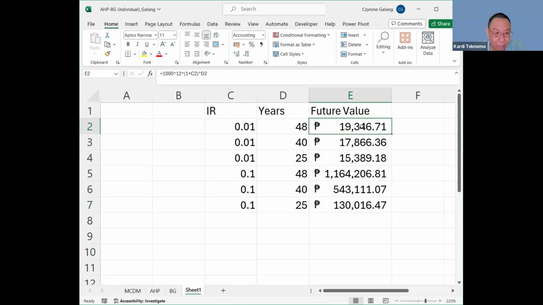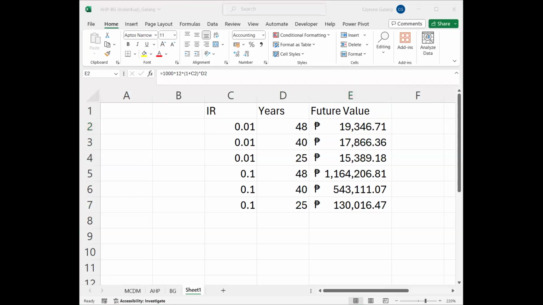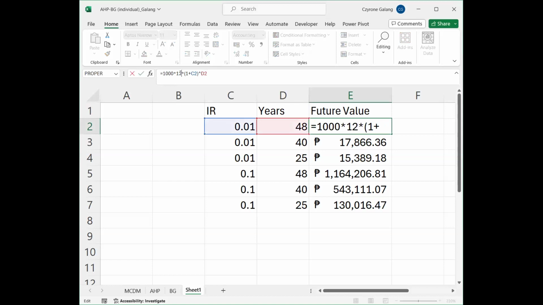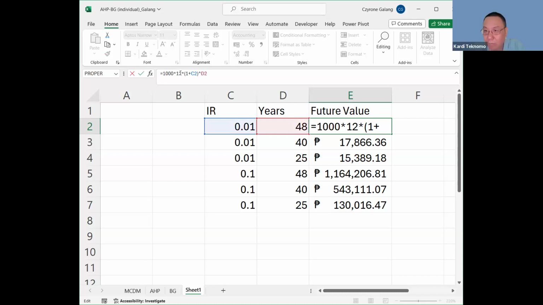I think you need to compute the formula using an annuity. There should be a parenthesis for the one plus C2 raised to D2.